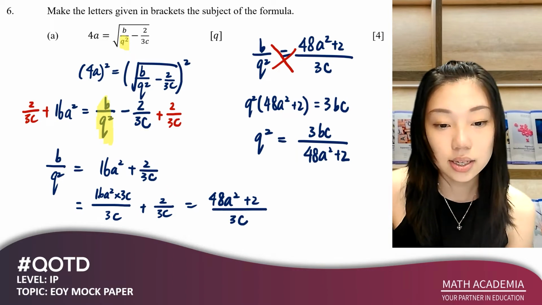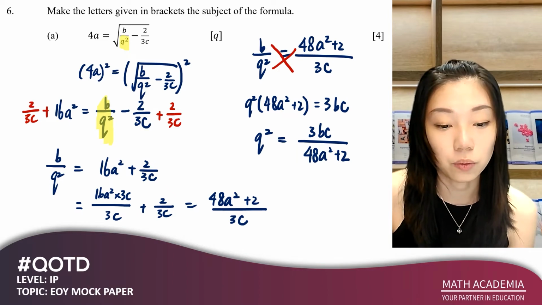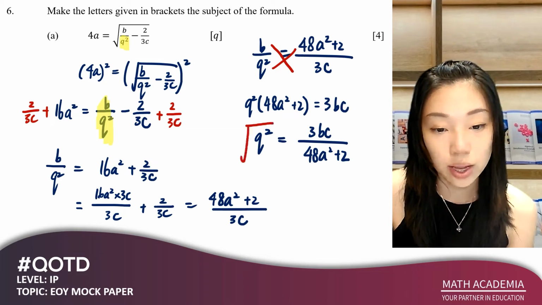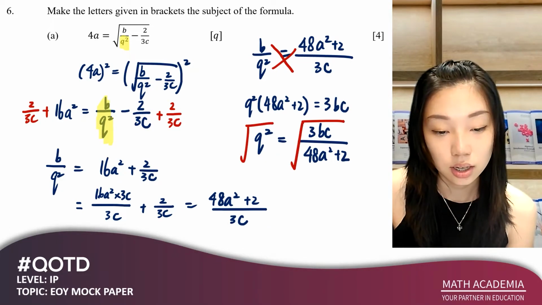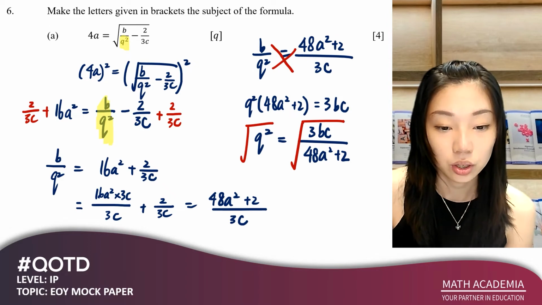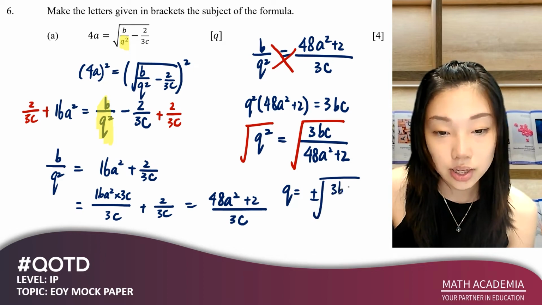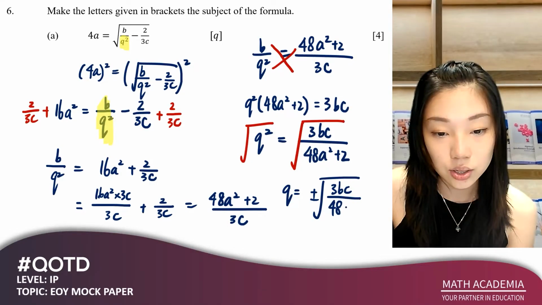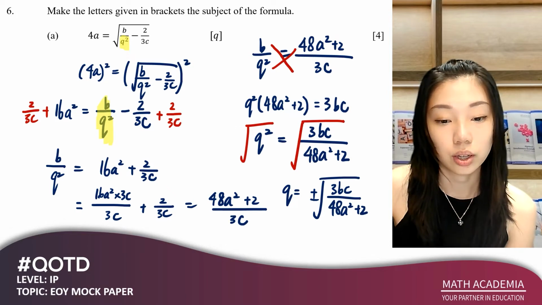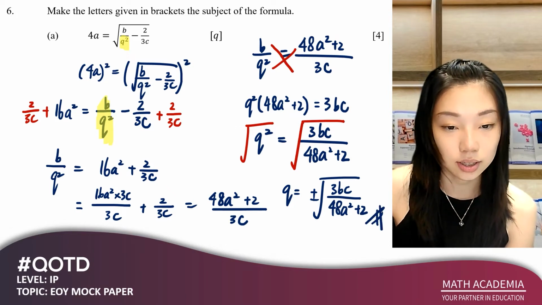My last step would be to square root both sides. Because I have q squared, I want q. So when I square root both sides, I would have q equals plus minus square root of 3bc over 48a squared plus 2, which is my final answer.